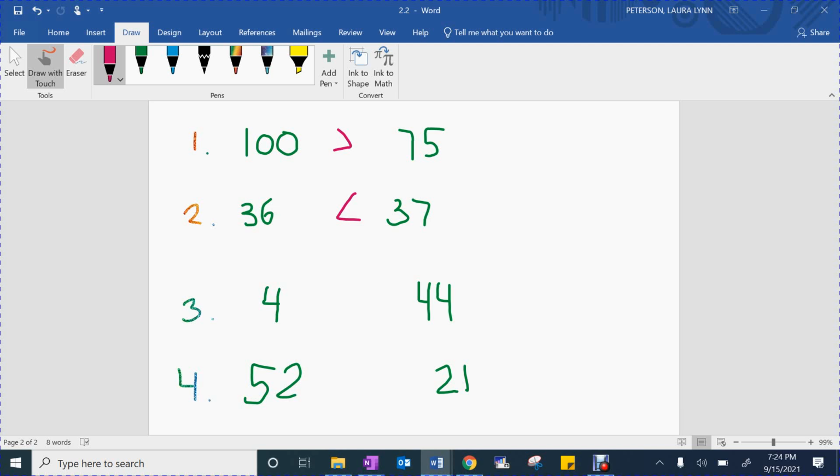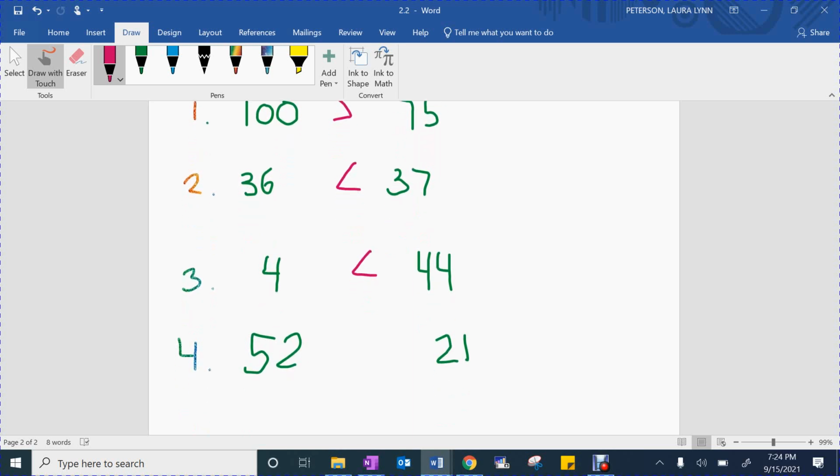Question 3, our alligator should be eating 44 because again, 44 is more than the number 4. And finally, the last one, 52 is what our alligator is going to eat because it's more than 21.